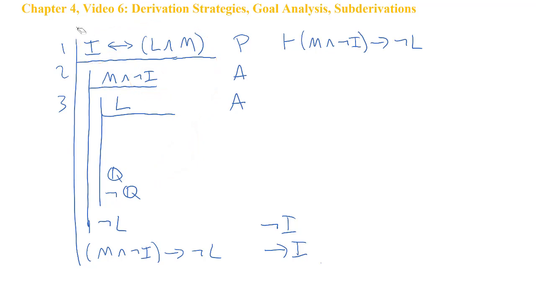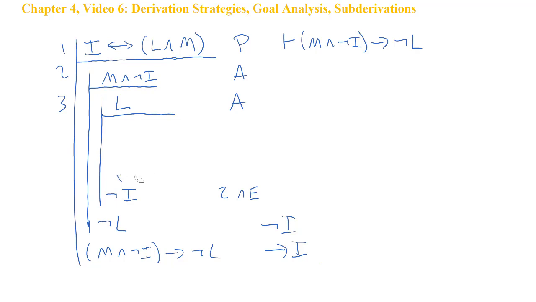If we can make that work, we'll have the contradiction necessary to do the hook introduction. Now I can easily see how to get that not I out of line 2 by conjunction elimination. So why don't we try that as the not Q? Not I is going to come from 2 conjunction elimination.